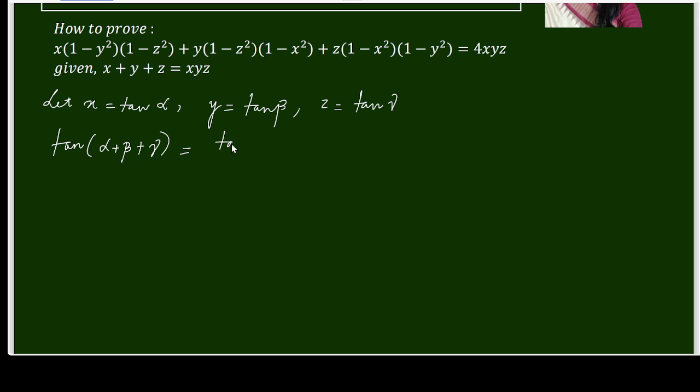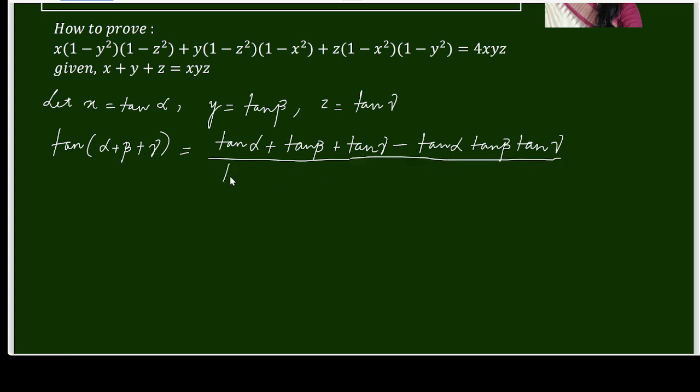Tan of alpha plus beta plus gamma equals tan alpha plus tan beta plus tan gamma minus tan alpha into tan beta into tan gamma, whole upon 1 minus, it's not minus, plus tan alpha tan beta plus tan beta tan gamma plus tan alpha tan gamma.